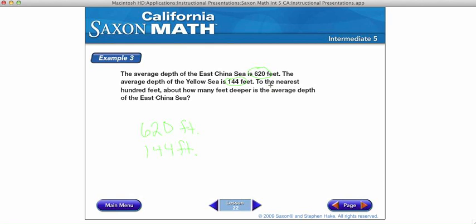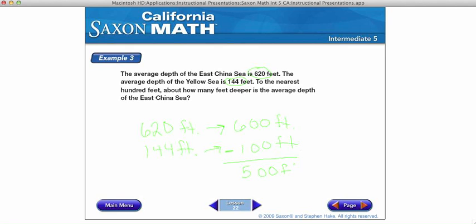Then it asks to the nearest 100 feet. So I'm going to round to the nearest 100. 620 rounds down to 600 feet. 144 rounds down to 100 feet. So now I've done my estimation. And then it says how many feet deeper, how many more. This is telling me to subtract.